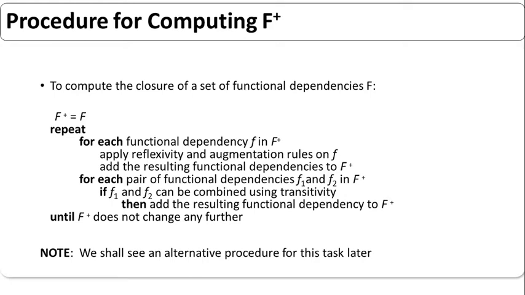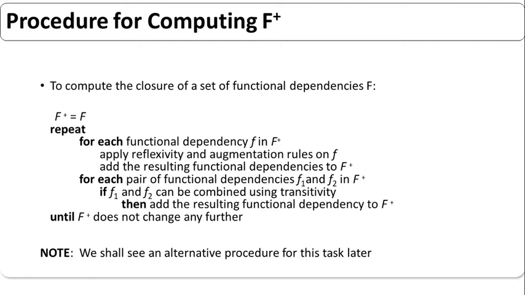So how do you compute the closure of functional dependencies? The closure computation is as follows. Initially F plus is assigned F, and we repeat for each functional dependency f in F plus, applying the reflexivity and augmentation rules on f.